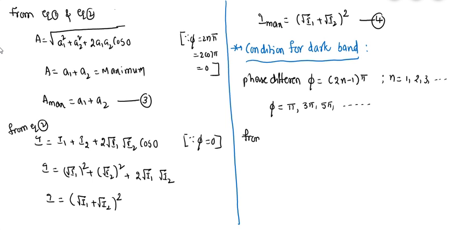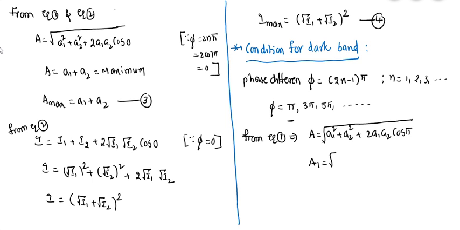From equation 1, what will you get? Resultant amplitude should be minimum, intensity should be minimum. Then the resultant amplitude you will get from equation 1 is the square root of a1 square plus a2 square plus 2a1 a2 cos 180. First value we substitute here, pi. Under root, we will get root of a1 square plus a2 square plus 2a1 a2 cos pi, and cos pi value is -1.